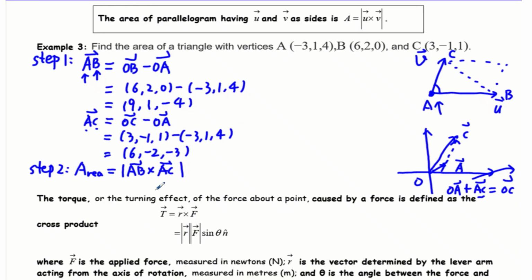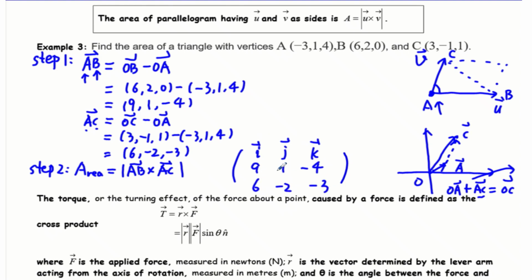So for this one, we are going to do the cross product. We are going to draw the matrix. So i, j, k. And AB is 9, 1, negative 4. And AC is 6, negative 2, negative 3.